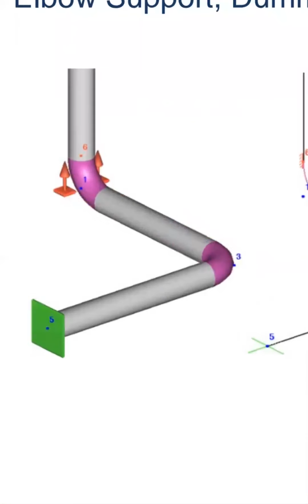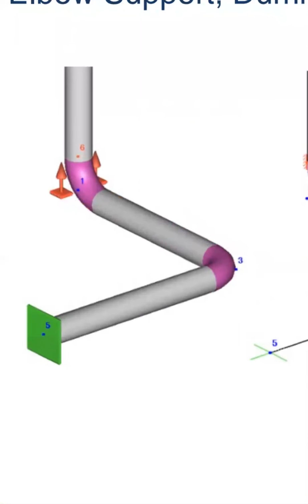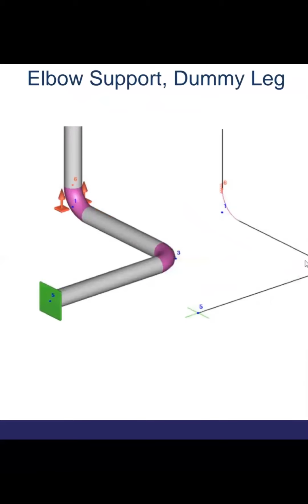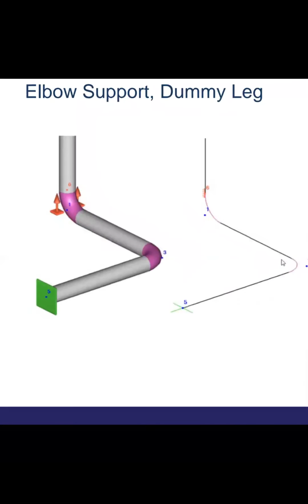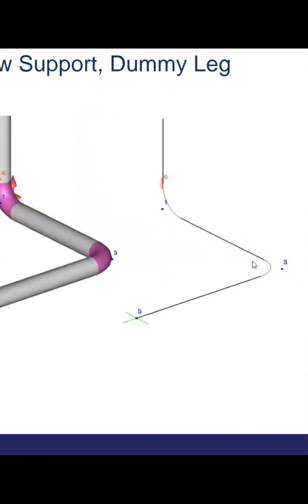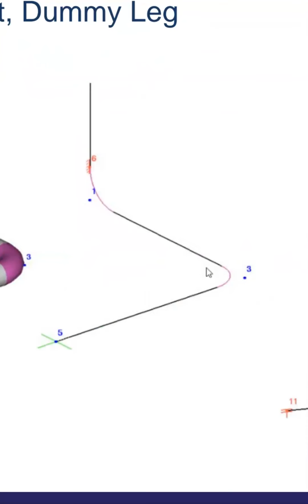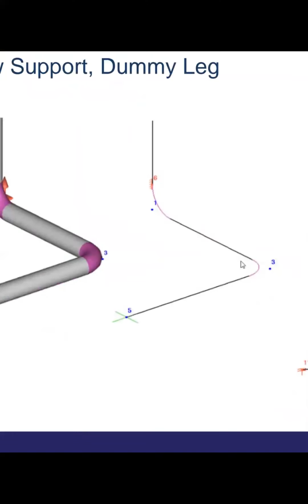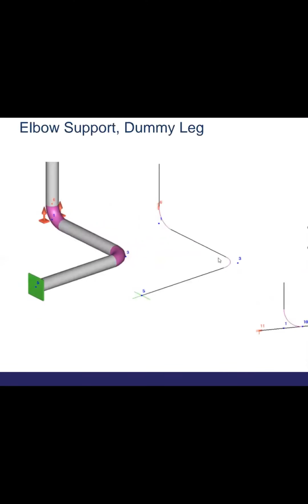This is the 3D representation of your elbow support, your piping model having the elbow support, and this is the 2D representation of your piping model with the elbow support. So that's the difference between these two representations here. The first represents your piping model in 3D form, the second in 2D format, having elbow support.